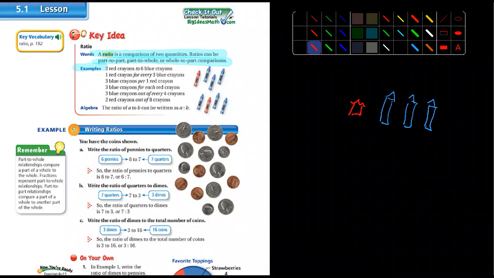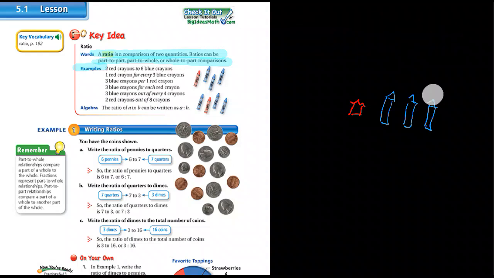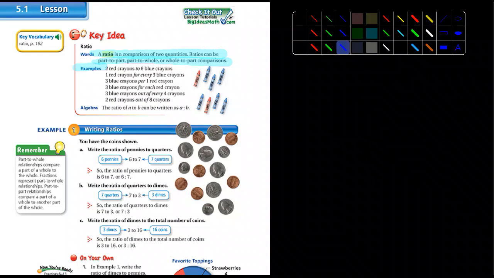Okay, then I could say there's 1/2 of a red crayon for every 3 blue crayons. All right. So that's what they're talking about when they say it could be part to part or part to whole. So we're talking about a half a crayon versus a whole crayon.